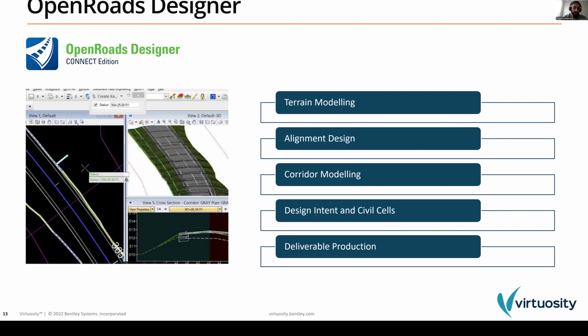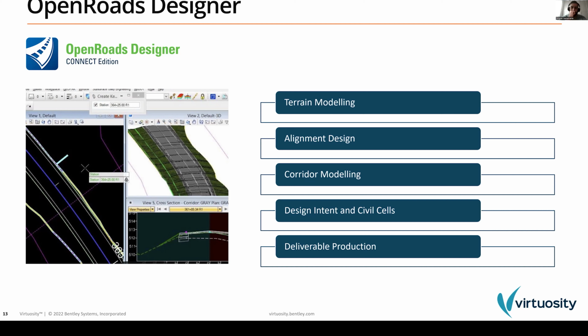OpenRoads Designer also includes design intel and civil cells, which are predefined blocks and the act of preserving the rules and relationships used during the design process in order to maximize the downstream benefits of automatic updates. And finally, OpenRoads Designer's drawing production capabilities accelerate the delivery of construction documentation, minimize errors, and improve the overall quality of infrastructure projects.